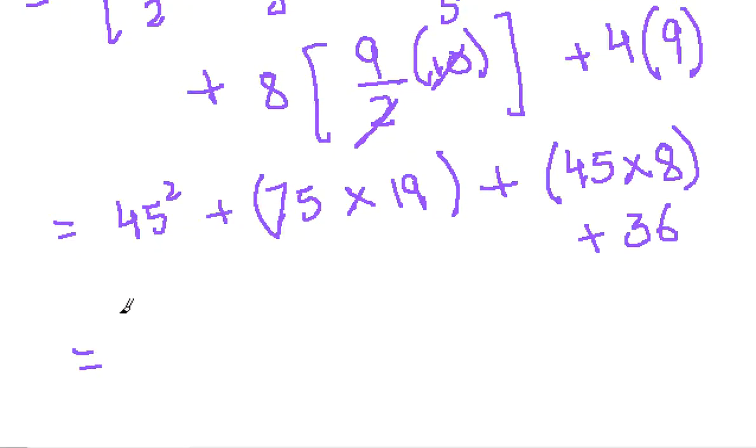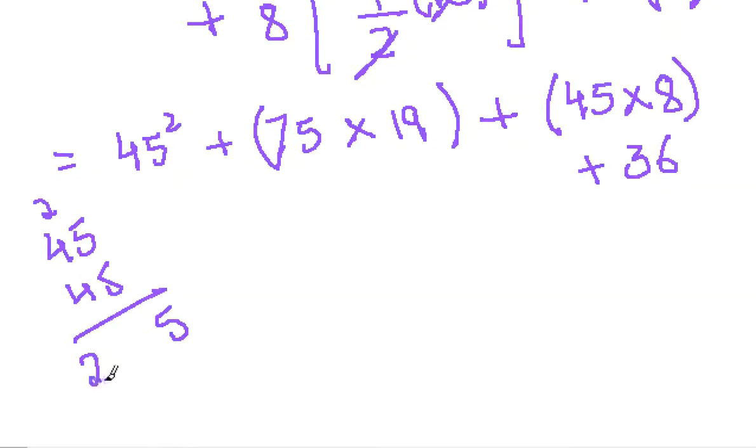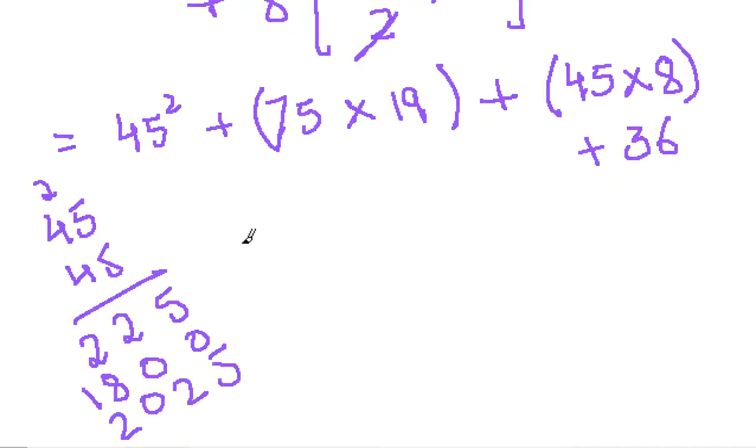Now we need to compute these terms, so we will simply use multiplication. 45 square is 2025.